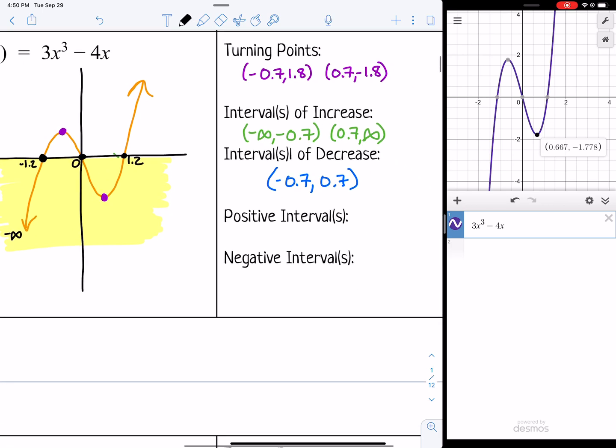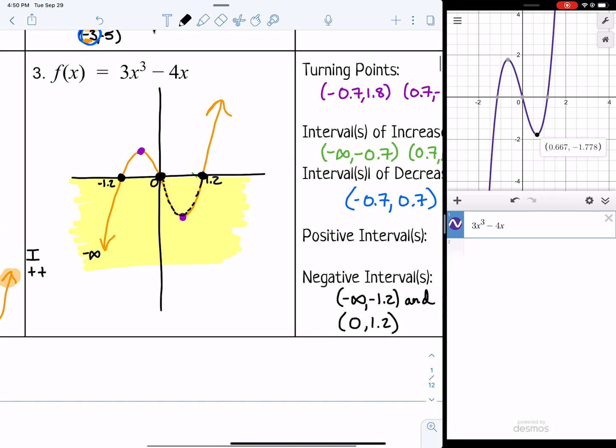So let's write that down: negative infinity to negative 1.2. And there's another piece of my graph that's also in this negative interval, and it goes from x equals 0 to x equals 1.2. So let's put 0 to 1.2.